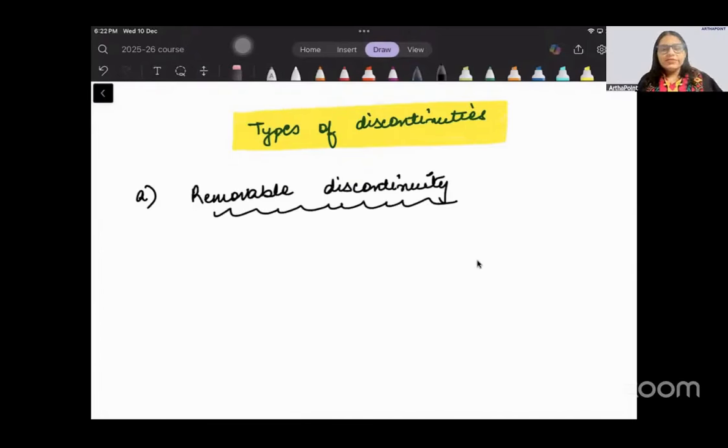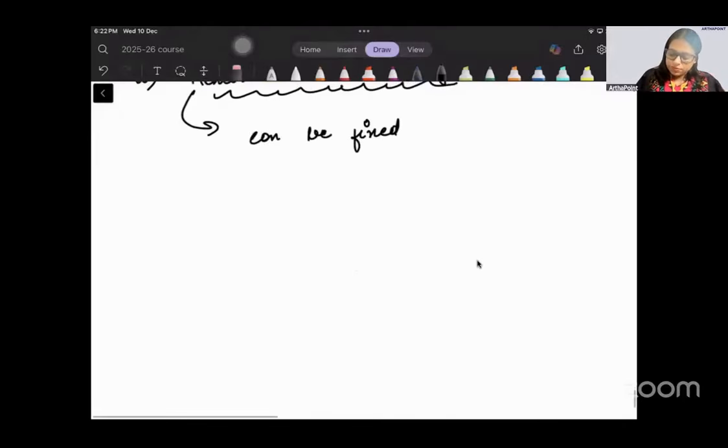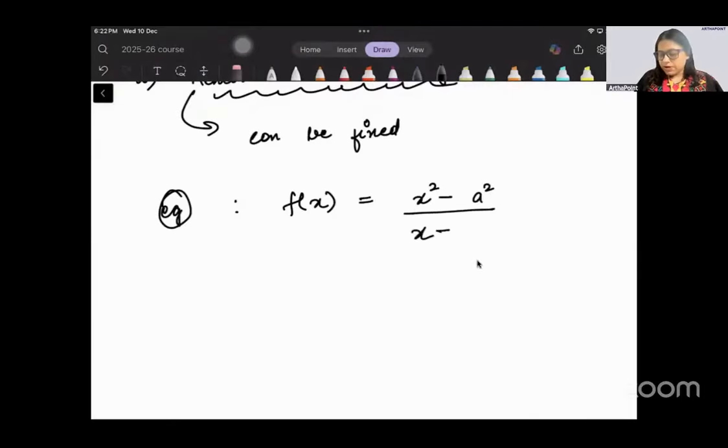Okay. Removable discontinuity is any discontinuity which can be fixed. If any discontinuity can be fixed, then it is called as removable discontinuity. Jaise, example, f of x is equal to x square minus a square upon x minus a.